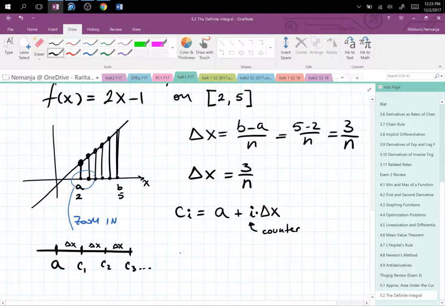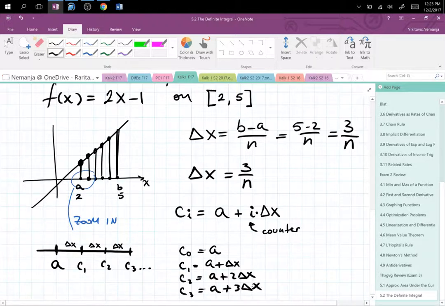So I hope that you see that C0 is A, C1 is A plus delta x, C2 is A plus 2 delta x, C3 is A plus 3 delta x, going forever.